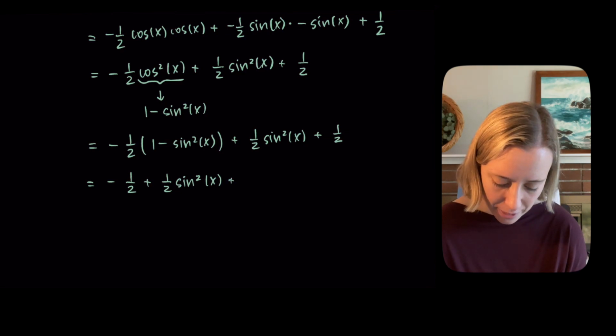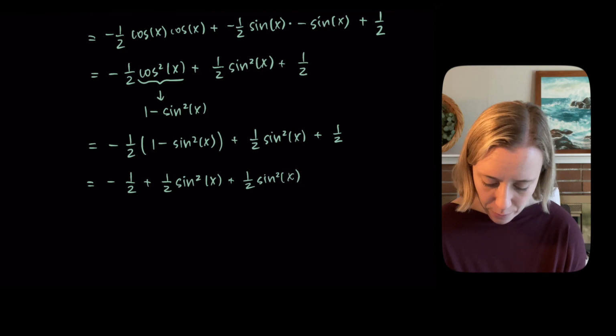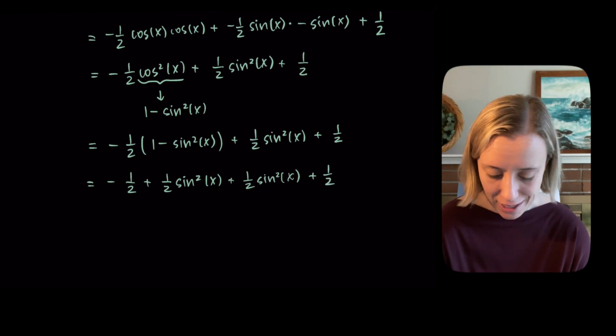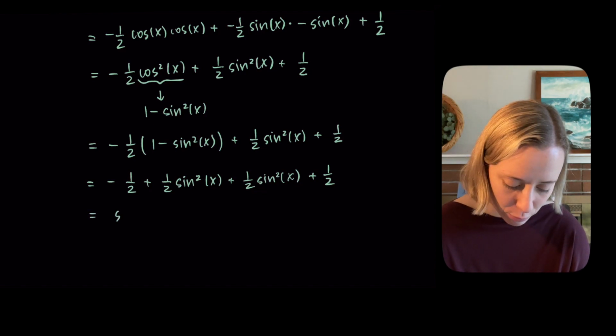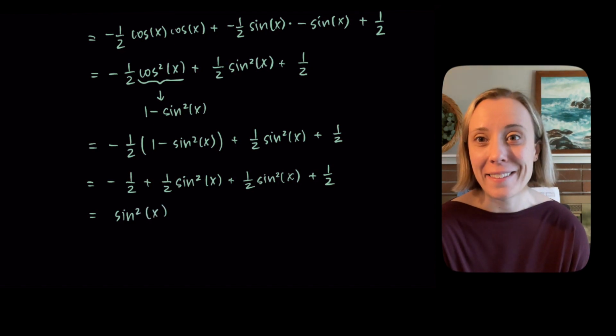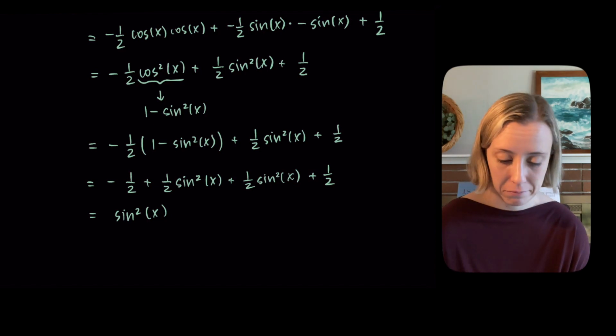Then I have another 1/2 sine squared and a 1/2. So the 1/2s go together to be 0, so let's cancel those out. And then my two 1/2 sine squareds go together to be 1. So I'm left with just 1 sine squared x, which is what we wanted. And that's what we started with, that's what we were trying to find the antiderivative of, and we did it. All right, there we go.